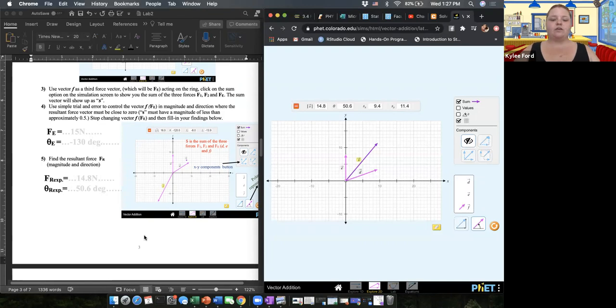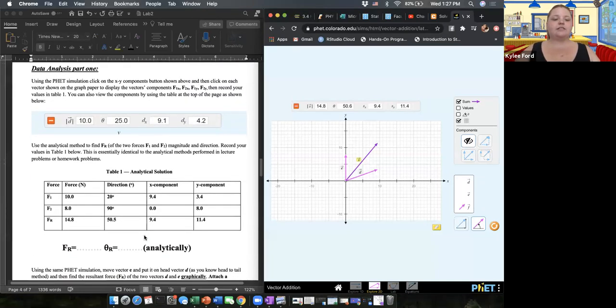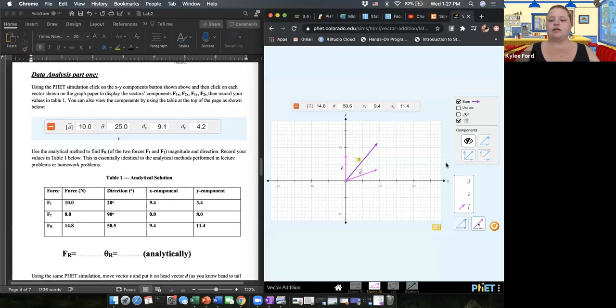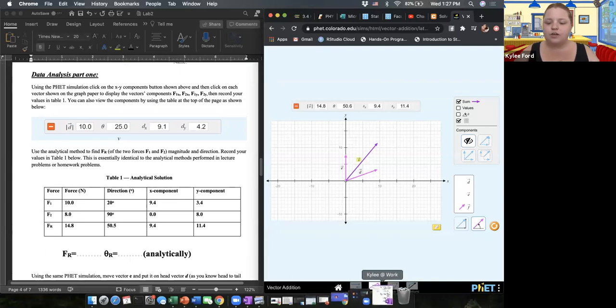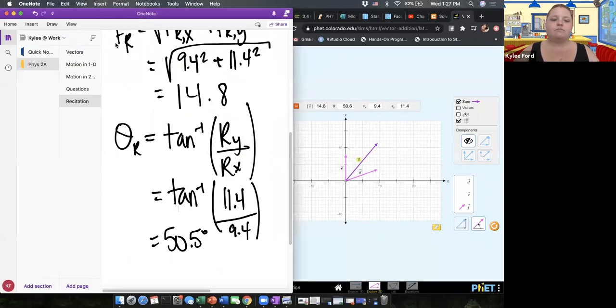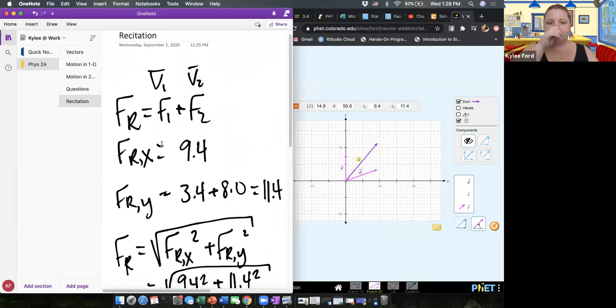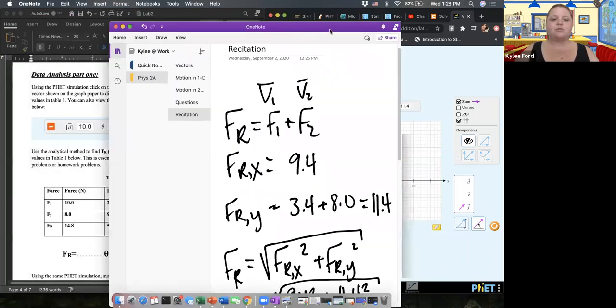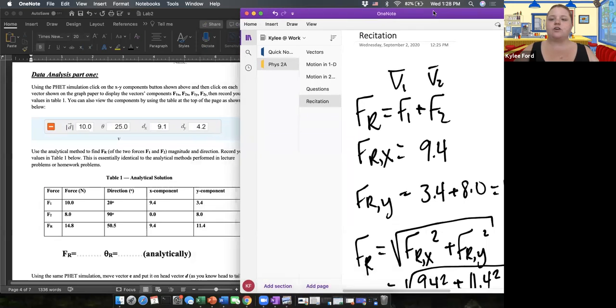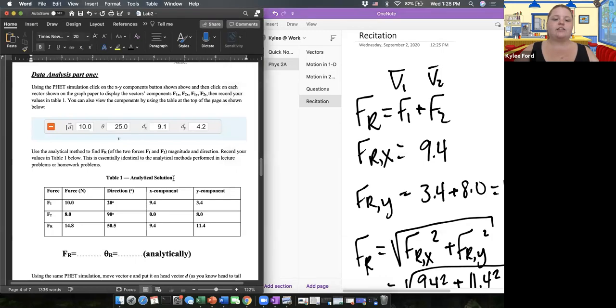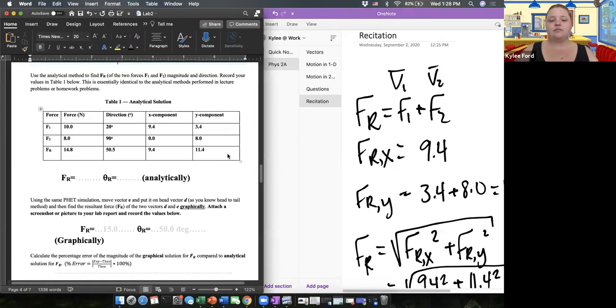Okay. So then this next part is, I think, what you came in at, maybe all this math stuff. That was when I was solving this analytically. Analytically just means mathematically, basically.